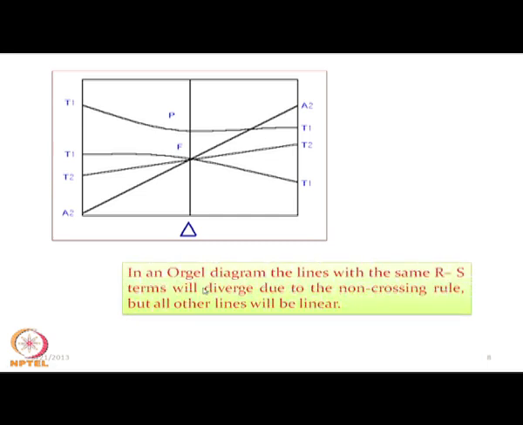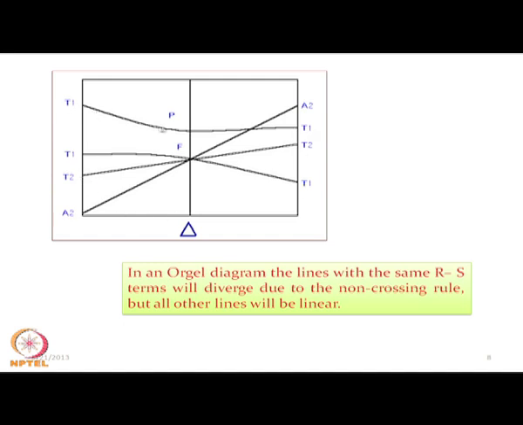So, what we find in this diagram is that in an Orgel diagram the lines with the same RS term will diverge due to the non-crossing rule. Since they are not able to cross in some positions, we have the non-crossing rule, but all other lines will be basically linear. So, these two are deviating from the linearity because we have the T1 term.